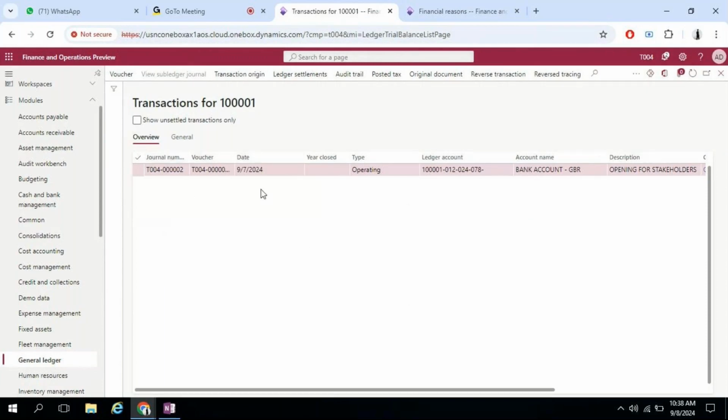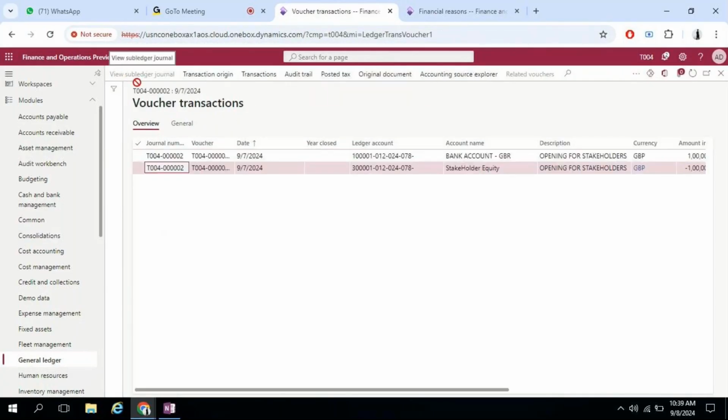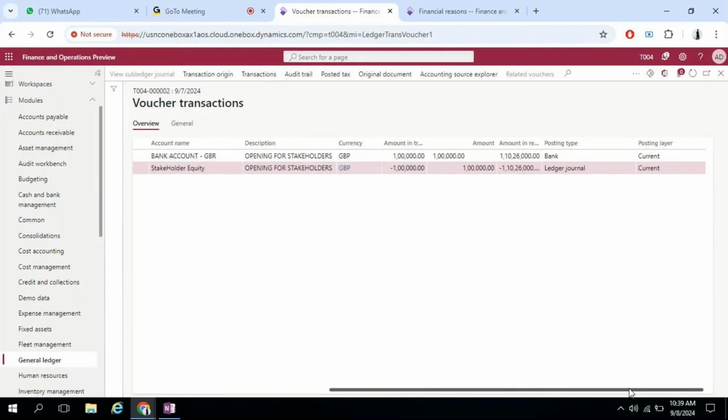So you can see that this is generated from here, means this particular main account contains these ledgers. If you want to know what ledgers are created, there is a voucher option. What actually is a voucher? Voucher will show you the entries, which means the debit and credit also, and from where this particular voucher is created.